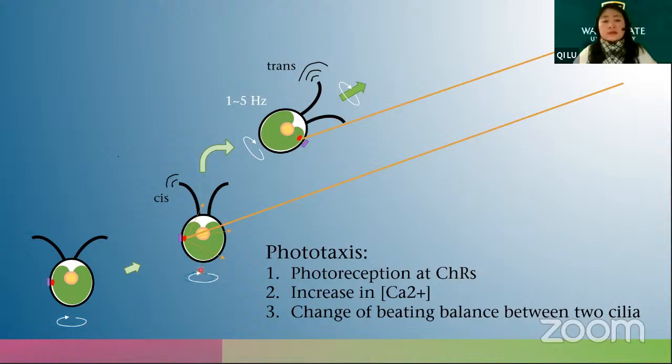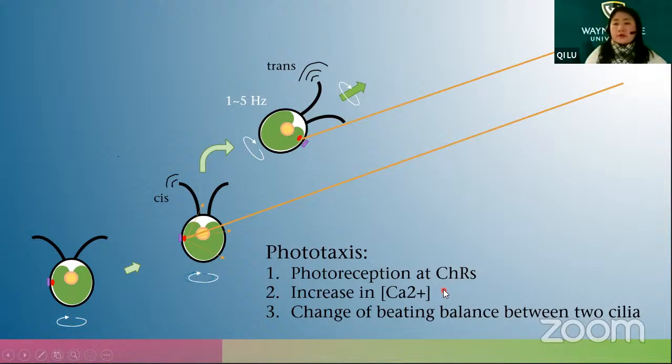But if it rotates to some direction, then the light is captured by this eye spot, and the light is reflected by the eye spot to the channelrhodopsin on the membrane. Then the channelrhodopsin will open, and the proton and the calcium will influx into the cell. Then it increases the intracellular calcium concentration.